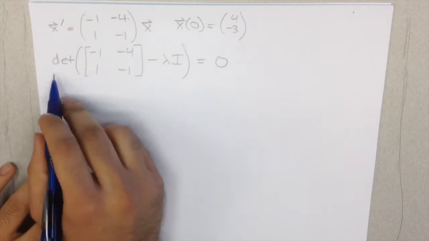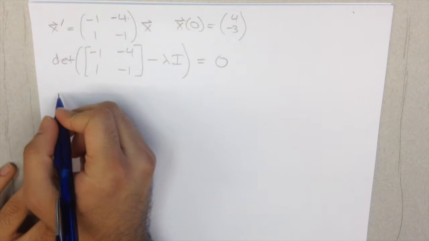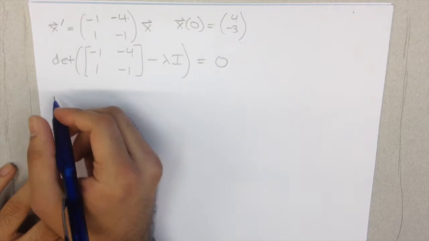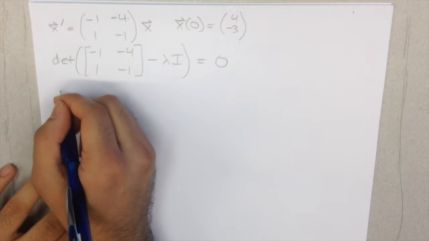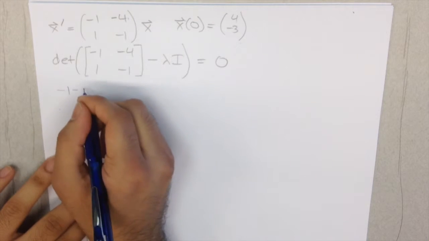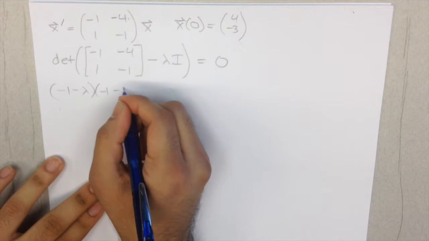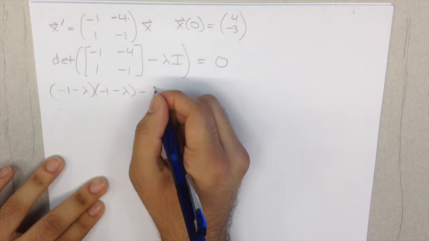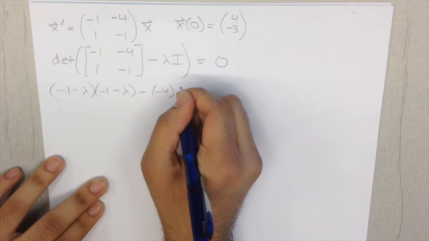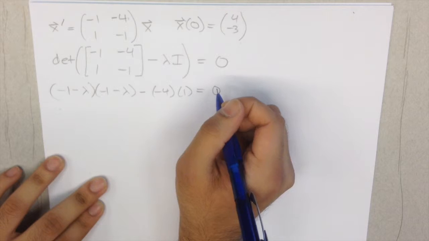And we have to find when the determinant is equal to 0. So then we use a characteristic equation: -1 minus lambda times -1 minus lambda, minus -4 times 1, is equal to 0.